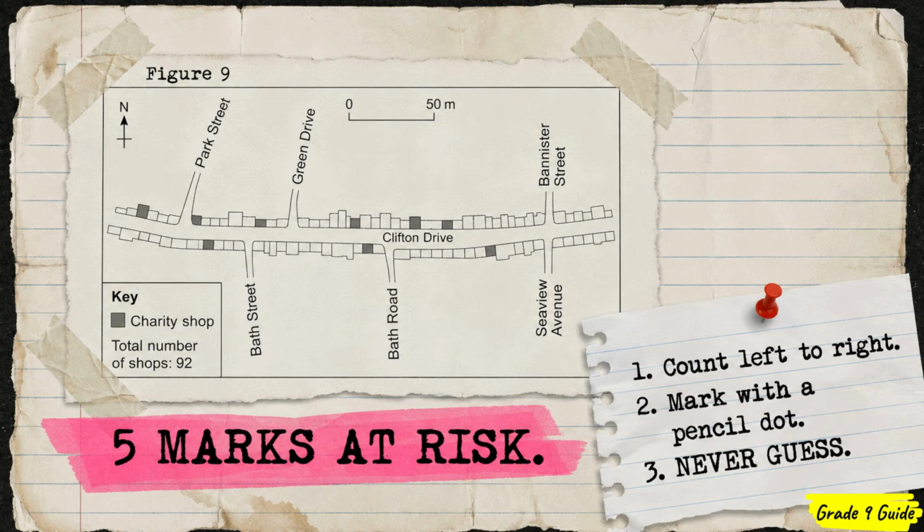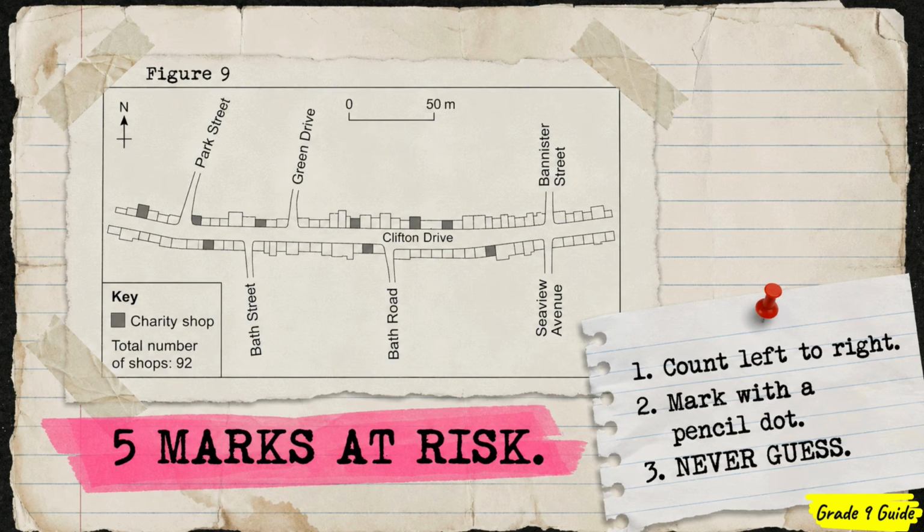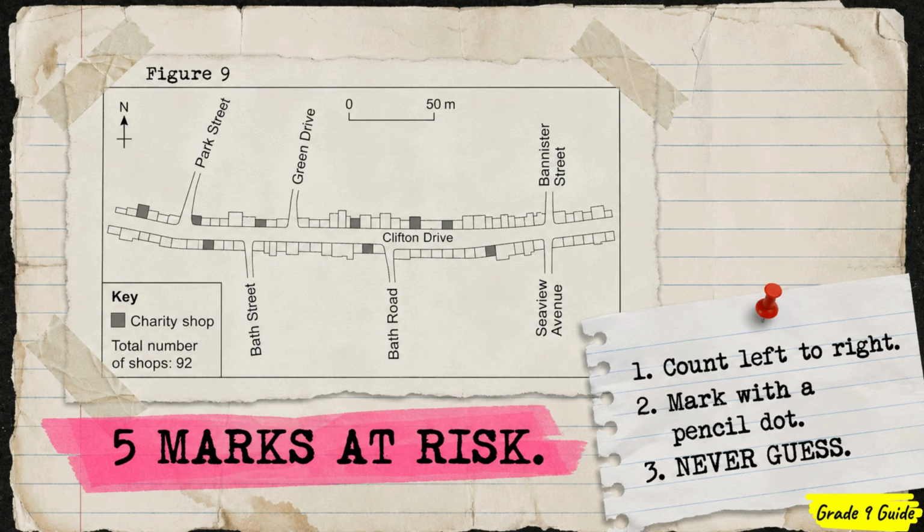But here is why that 1 mark matters so much. Question 04.10 is a 4-mark question that asks you to compare proportions across all 3 town centres using the table you just completed. If your table A says 11 instead of 9, every single proportion calculation you do in question 04.10 will be wrong. 1 miscount, 5 marks at risk.